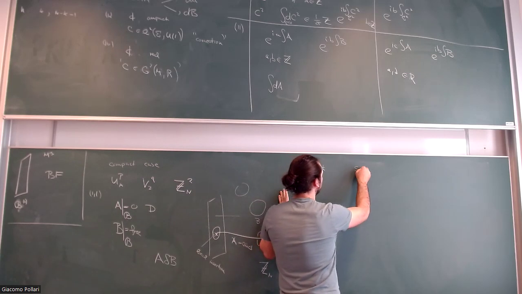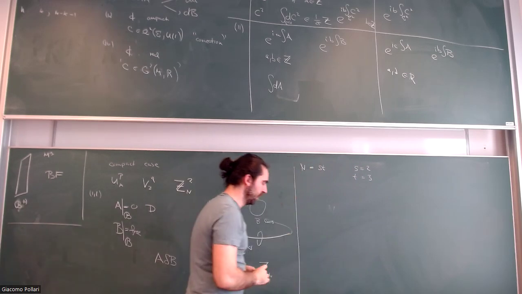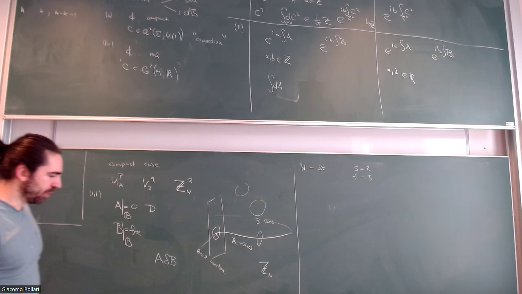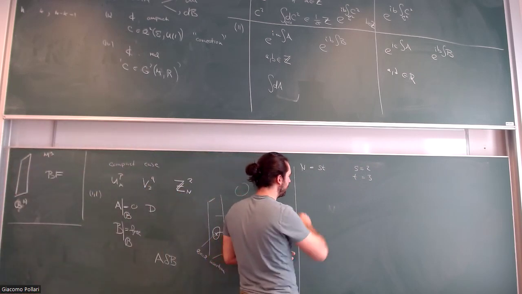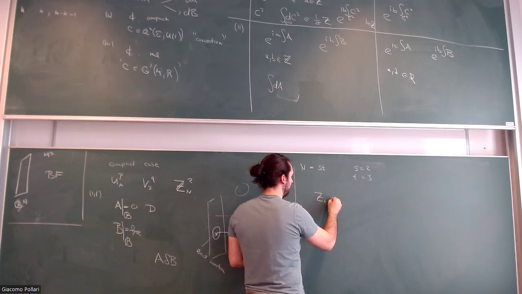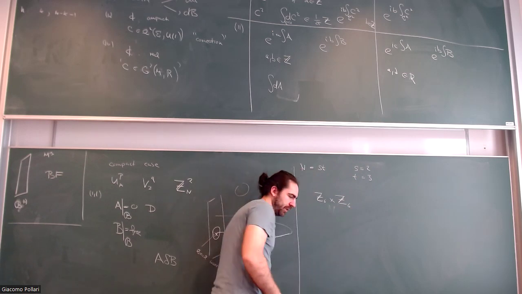So maybe S is 3 and P is 2. So there's a product, I have Z6 times Z6.